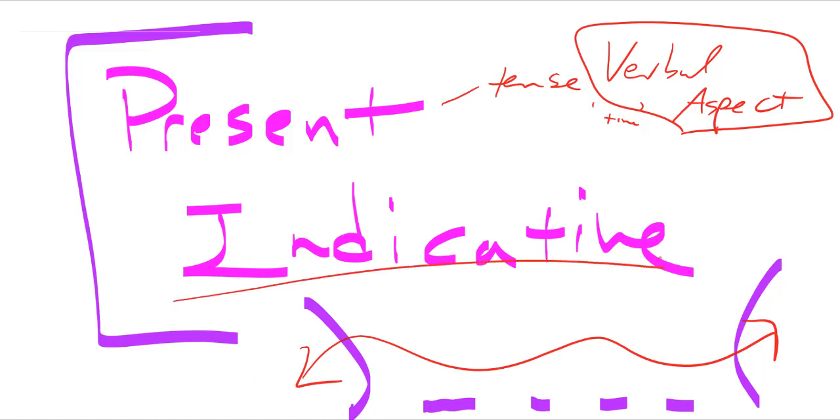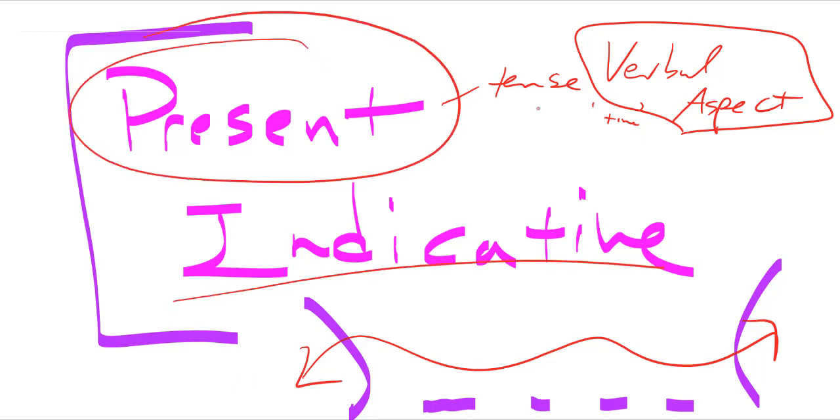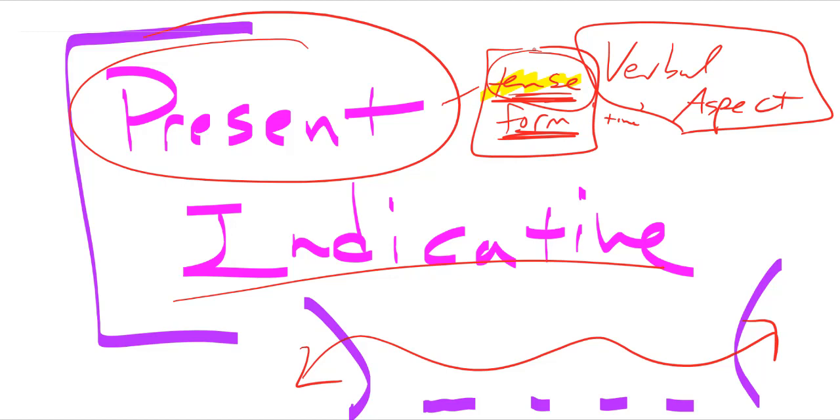Indicative is the mood of the verb, right? This is the tense, present tense, although we're kind of hesitant about that word tense. Sometimes grammars want to call this the tense form to remind us that we're not necessarily talking about time, because tense is synonymous with time in English, and so there has been some movement to call that the tense form.